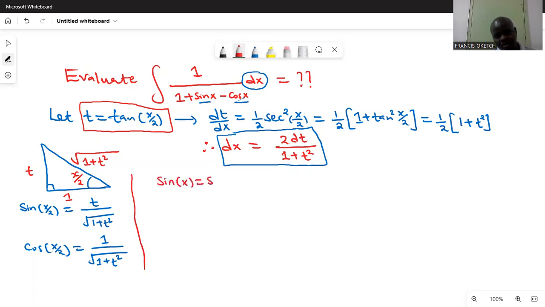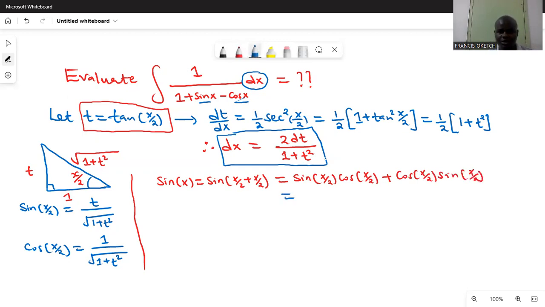So remember, sine x is the same as sine of x over 2 plus another x over 2. And so this should give us, remember, sine a plus b. This is the same as sine x over 2 cos x over 2 plus another cos x over 2 sine x over 2, which can be written as 2 sine x over 2 times cosine of x over 2.